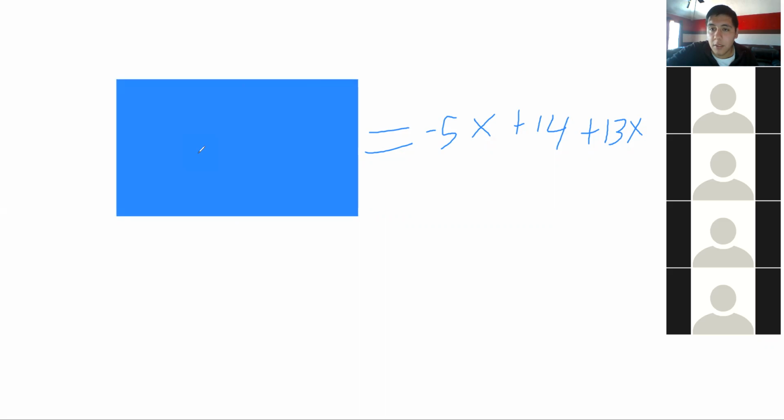You can combine negative 5x to 13x. Exactly. If we combine our like terms, then we would simplify one side of the equation. So negative 5 plus 13x, what does that give us? It'd be negative 5 plus 13. 18.